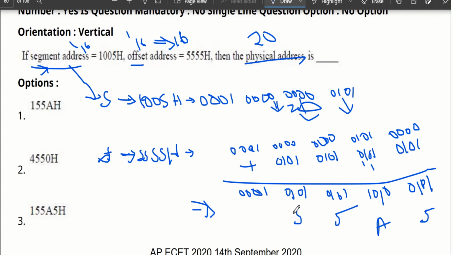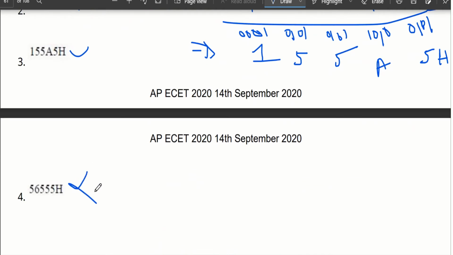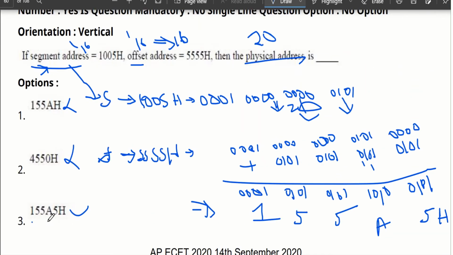Here it is also 5, and here it is 1, and we should add H at the end. So now let's match with the options: 155A5H. Here there is no 5, so this is wrong, this is wrong, this is correct. Here this is wrong, so this is the correct answer.